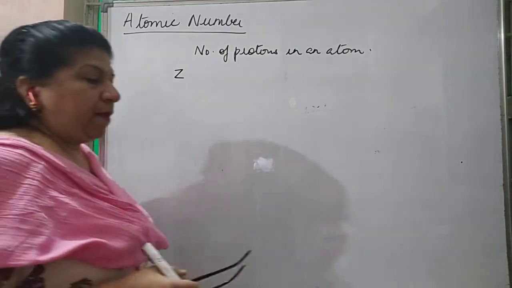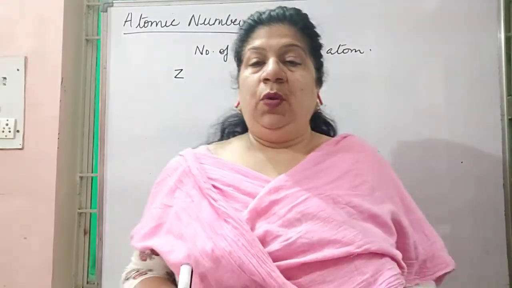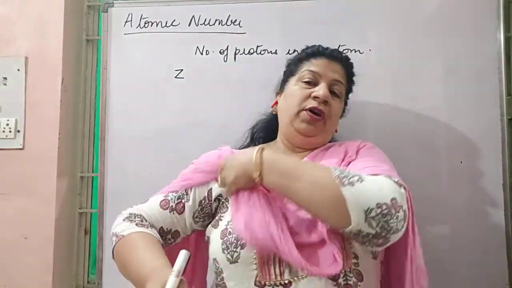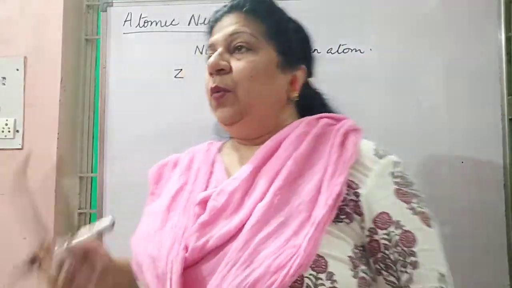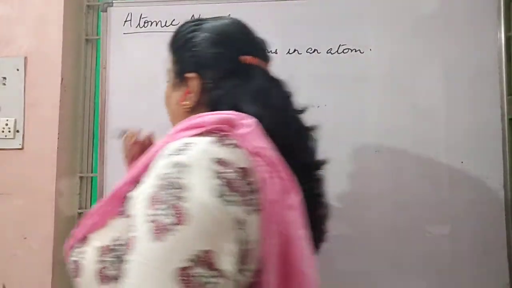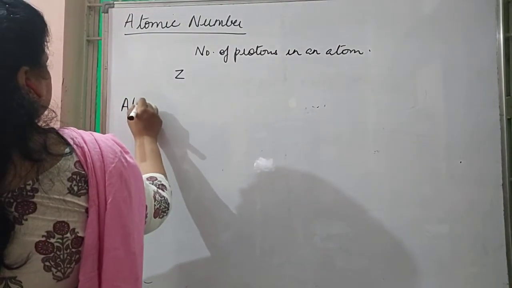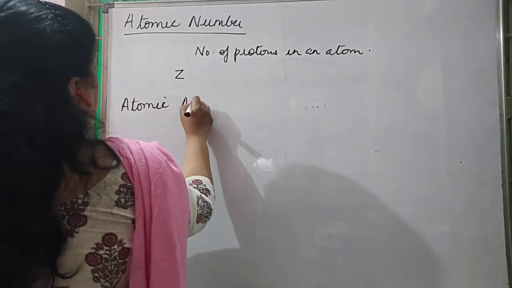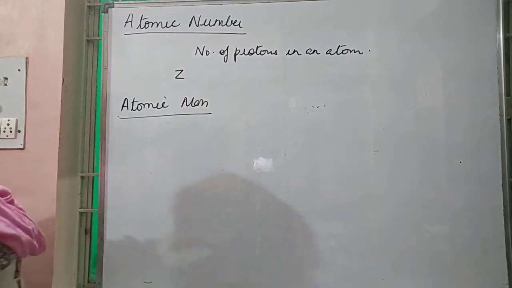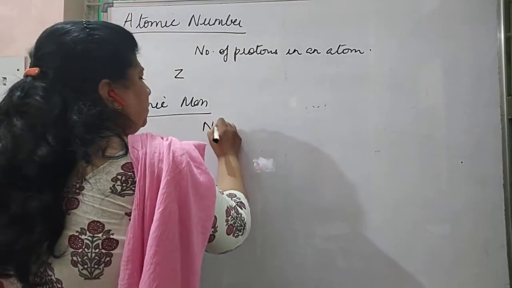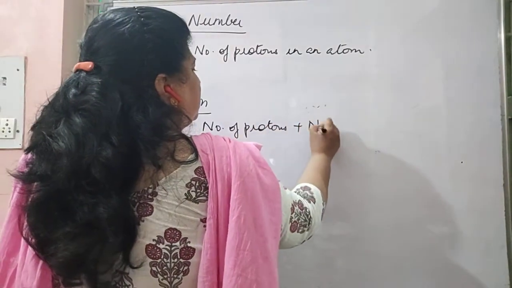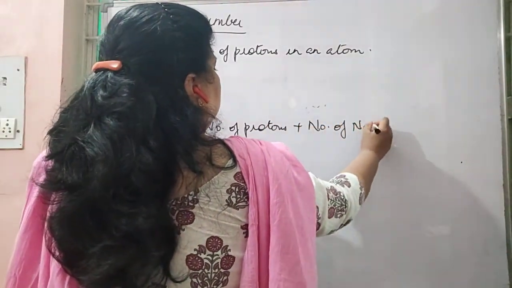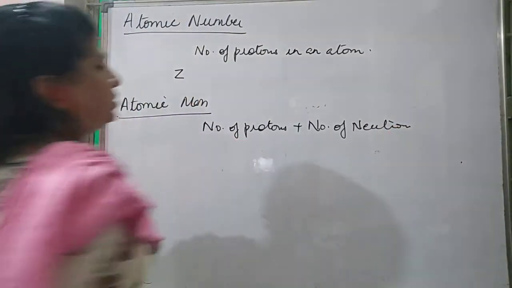So the number of protons, which is also equal to the number of electrons, is the atomic number of the atom, which is denoted by Z. Now we have atomic mass. Atomic mass is the number of protons plus the number of neutrons.